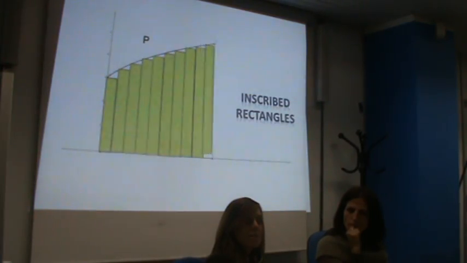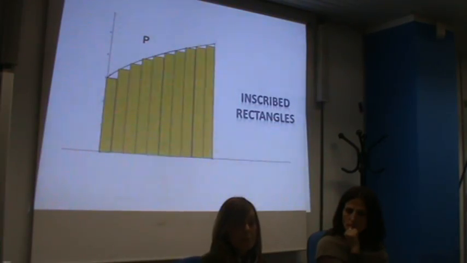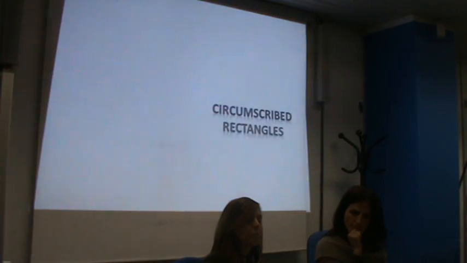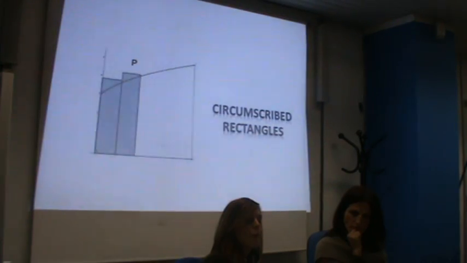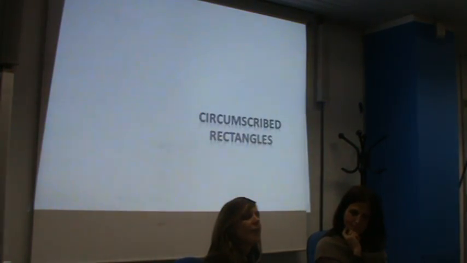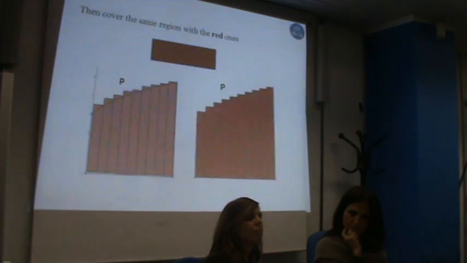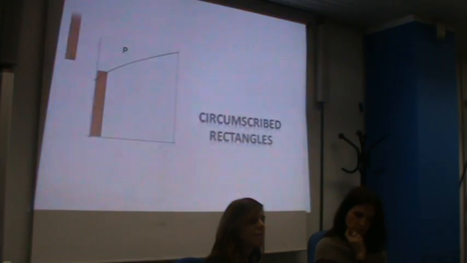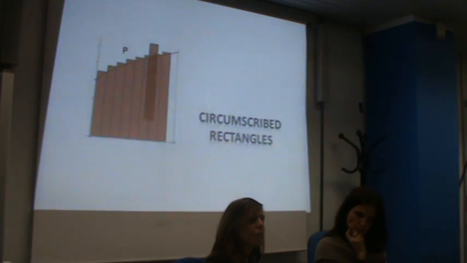In this exercise, they meet for the first time a new concept: the inscribed rectangles and circumscribed rectangles. This is the first approximation by excess, and the last one is this approximation.